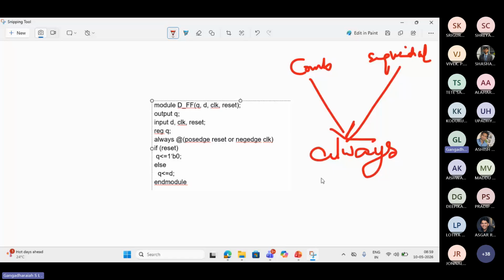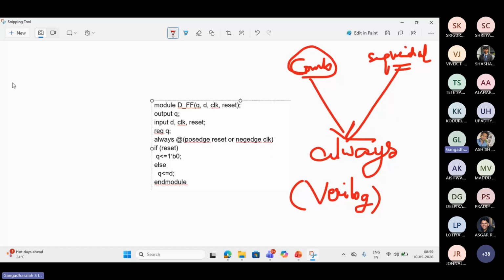I'm talking about Verilog. But you cannot build sequential without always, but you can build combinational without always.